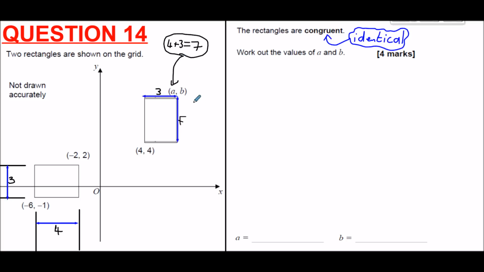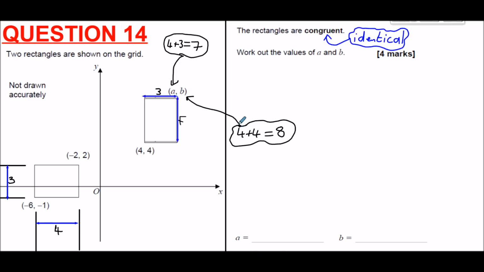And B is the y coordinate. So down at this point here, y is 4. So if we go 4 higher, that takes us to 5, 6, 7, 8. And so B would have to be 4 plus 4, which is 8.